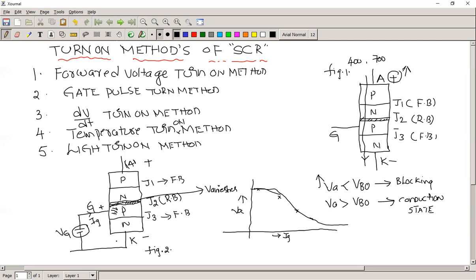And when you come to the third one, that is the dV by dt turn on method.